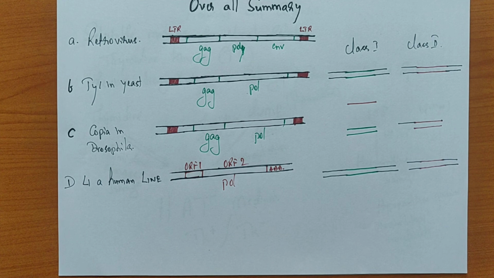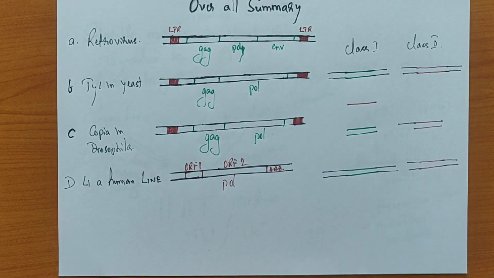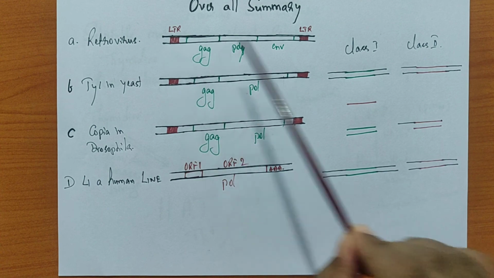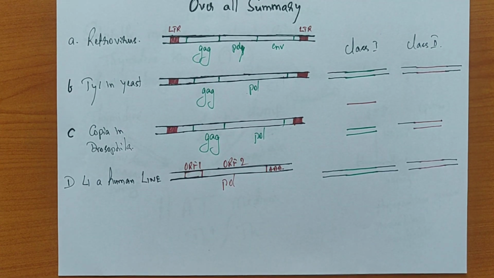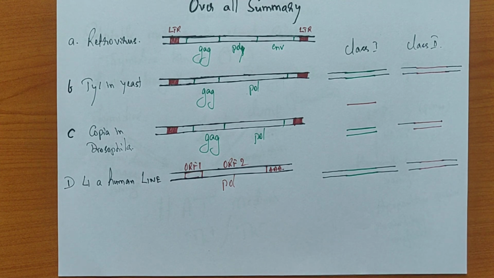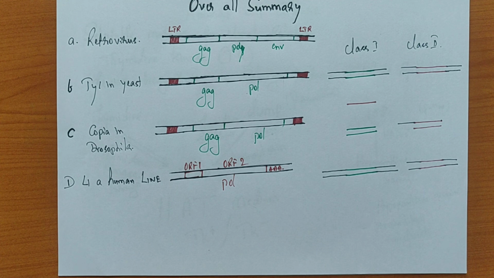In yeast it is homologous recombination, whereas in plants it is more like bacterial conjugation. So the left and right border is important, or even in other transposable elements the LTR, the long terminal repeats, are very, very important. So next, we will discuss the animal vectors.